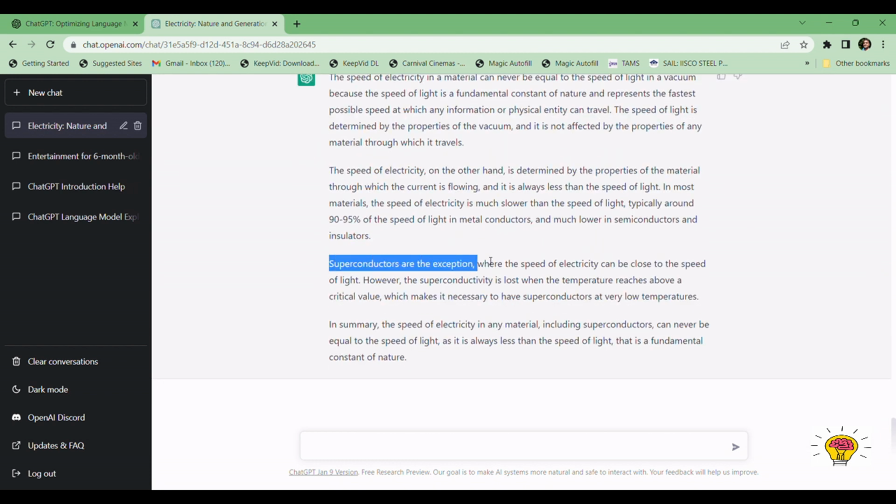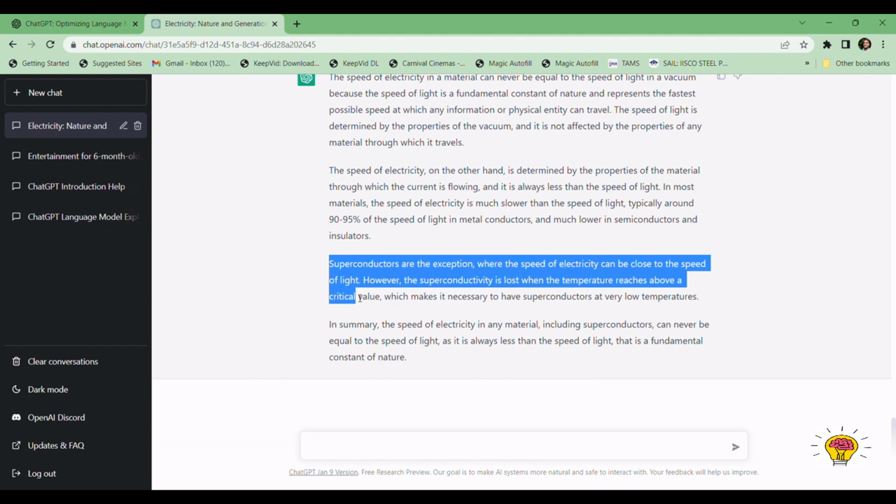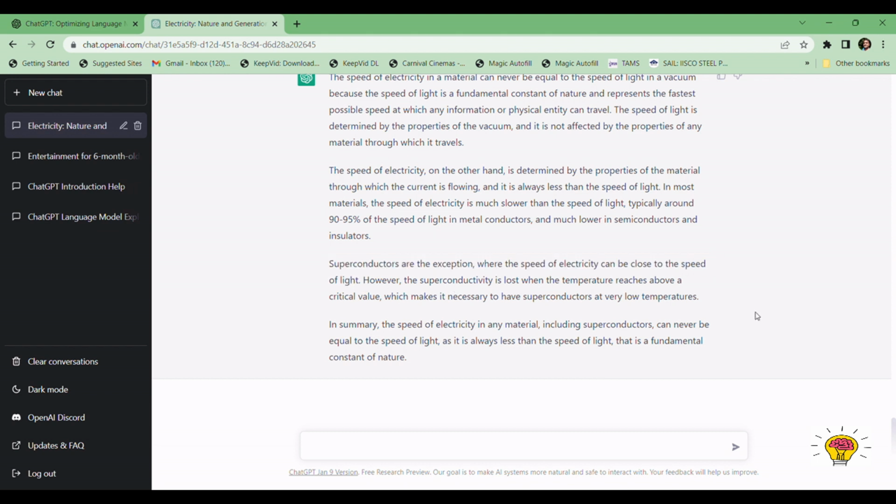Superconductors are exceptions where the speed of electricity can be close to the speed of light. अब ये चैट जीपीटी को क्लियर नहीं हो पा रहा है कि भाई 90 to 95% ऑफ स्पीड ऑफ लाइट होगा या वेरी क्लोज टू द स्पीड ऑफ लाइट होगा. ये चीज क्लियर नहीं हो पा रहा.